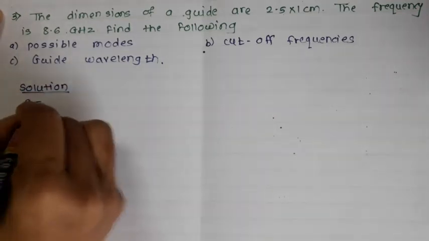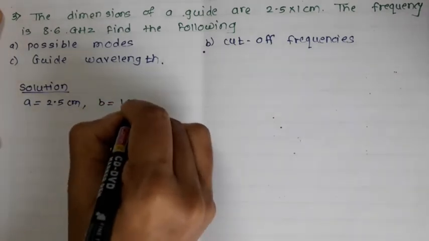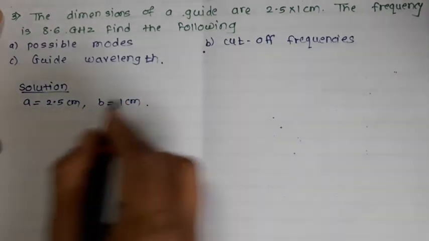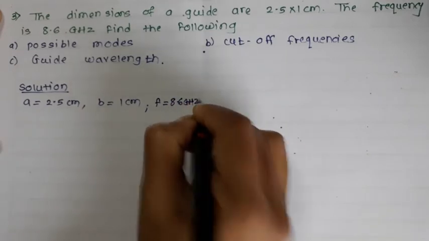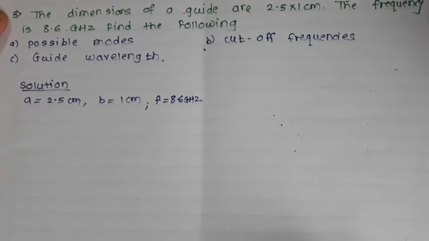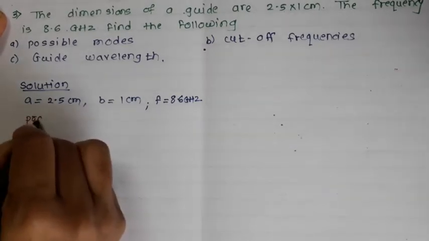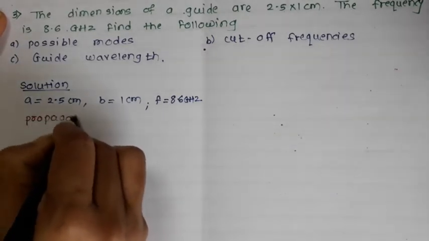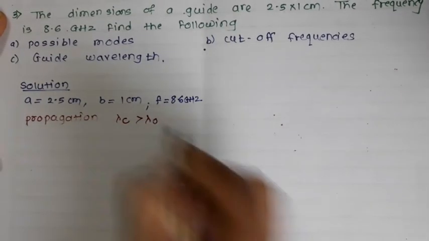So A is 2.5 centimeter, B is 1 centimeter, and the frequency F is given as 8.6 gigahertz. So the first thing is the possible modes. Propagation is possible when your lambda C is greater than lambda 0.